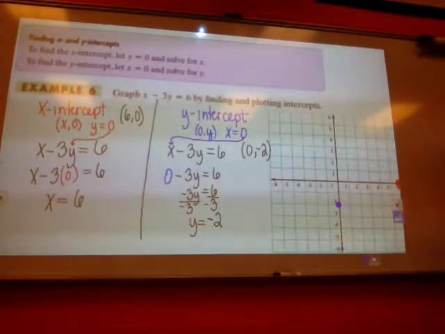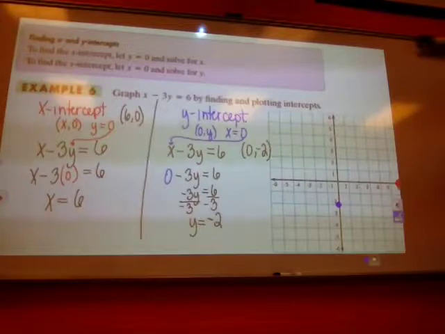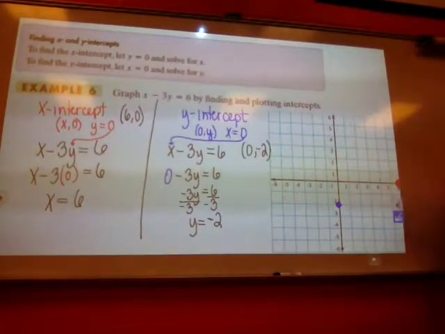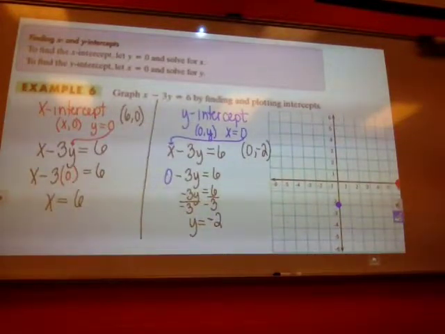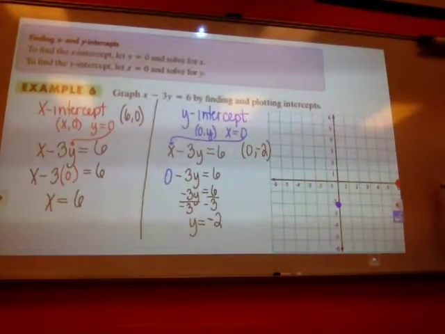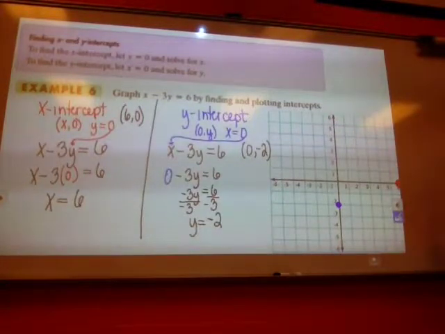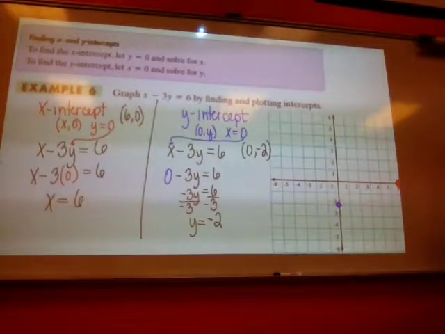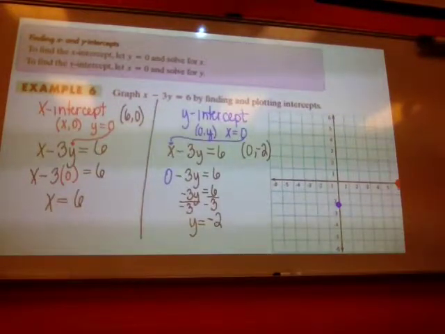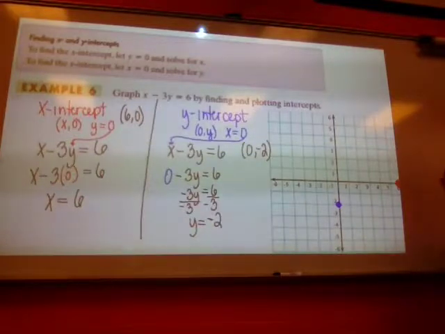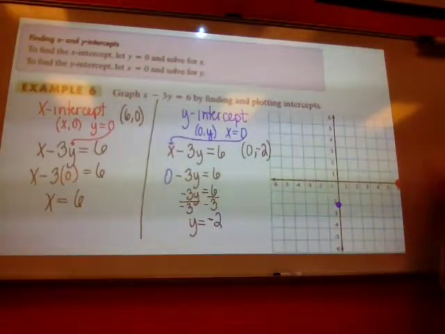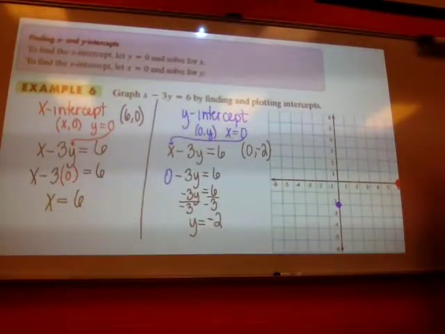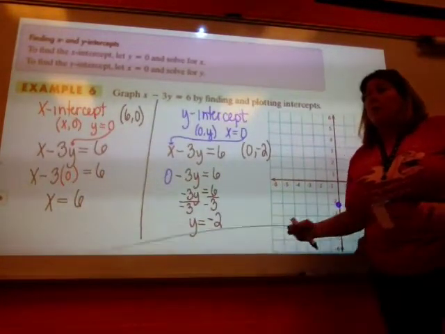And then guess what I have to do? I have to draw my line. Now, am I just going to connect my points, going point to point? No. Remember, Dancing with the Stars started the other night, and they stress about extending their lines when they dance. So you are going to extend your lines, or I'm going to fuss at you about it.